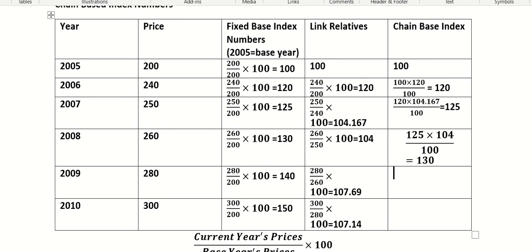Again, the denominator would be 100 and the numerator would be this 130 into this 107.69. So the answer here is 140.